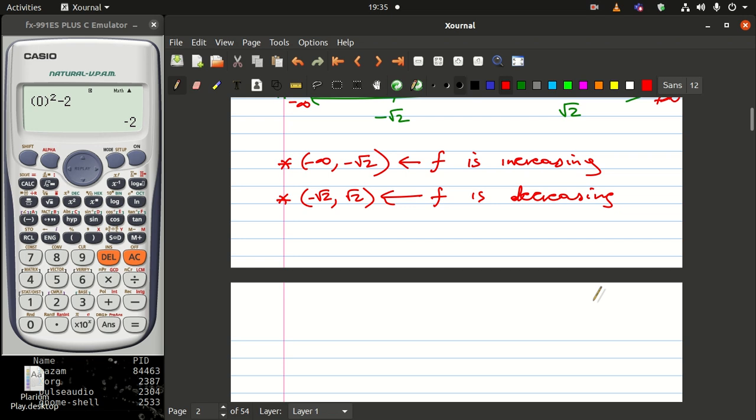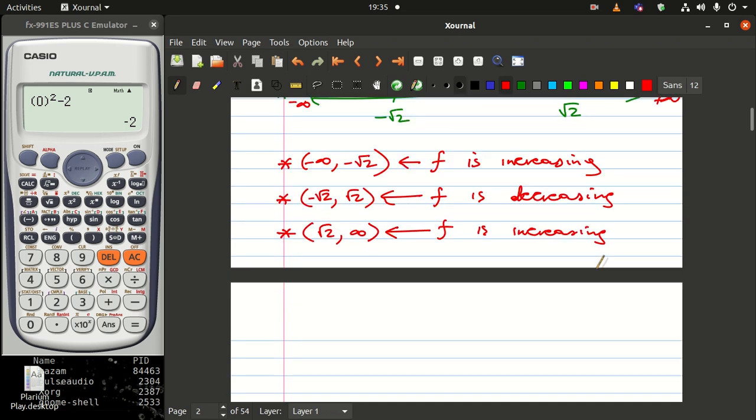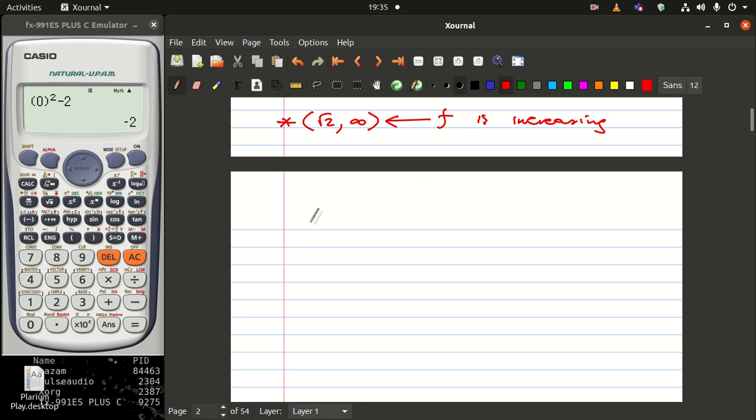And then in the last interval, from square root 2 up to positive infinity, the first derivative is positive. In other words, function f is increasing. That is what is important here, because you want to find those intervals where the function is increasing or decreasing.